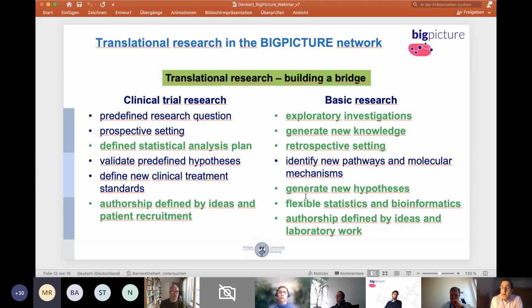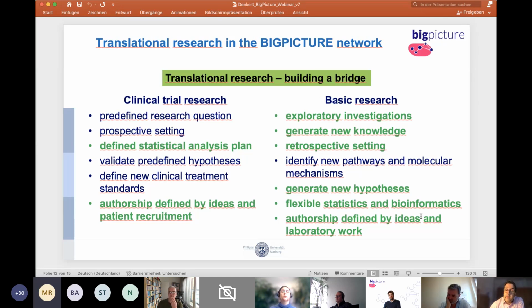What is also very important for an efficient network activity is that in a clinical trial setting, the authorship is defined by obviously the ideas that contribute to the development of the clinical trial, but also by the recruitment of the patients. So centers who are recruiting more patients in a clinical trial have a lot of work to do in this setting, and they obviously can contribute authors.